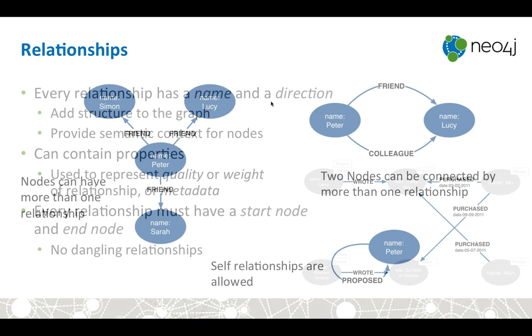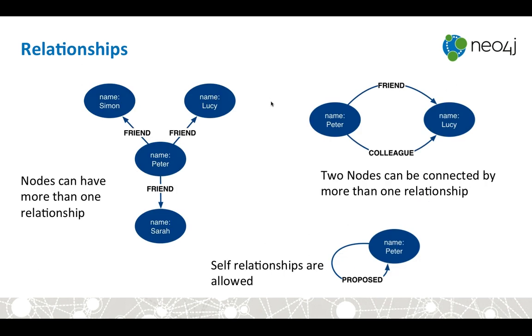There's actually only one consistency rule in this basic graph model, which is there are no dangling relationships. So there are no broken links like in the web, but each relationship is guaranteed to always have a start node and an end node. So that's the consistency constraint in a graph database.